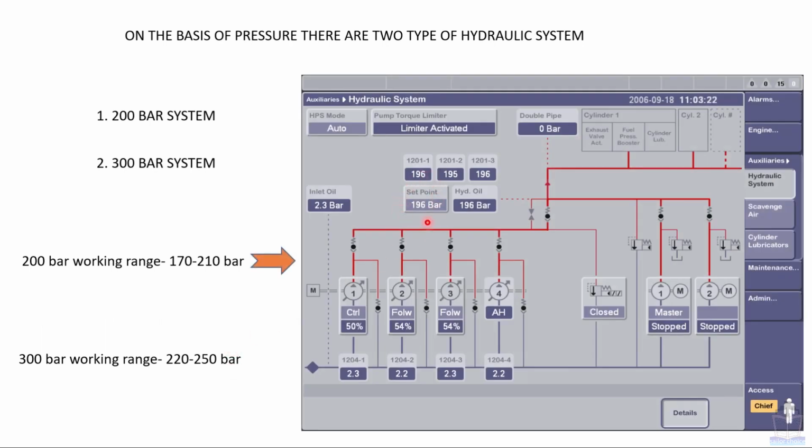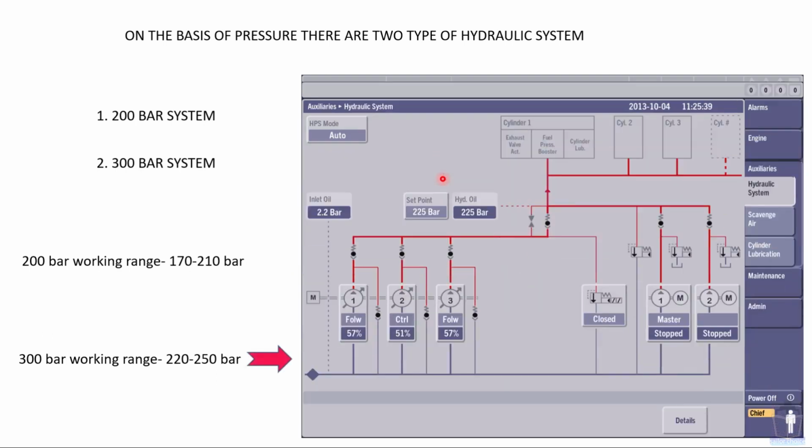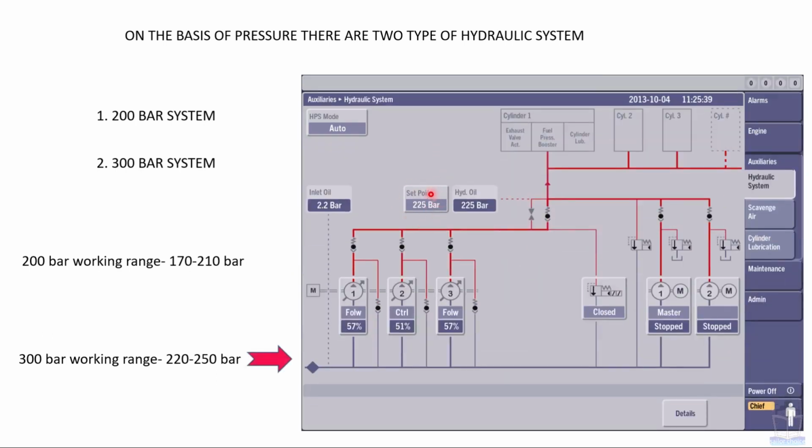Here you can see the set point is at 196 bar. This comes under this range, that's why this is a 200 bar system. Next example, here the set point is 225 bar. This comes under this range, that's why this is a 300 bar system.